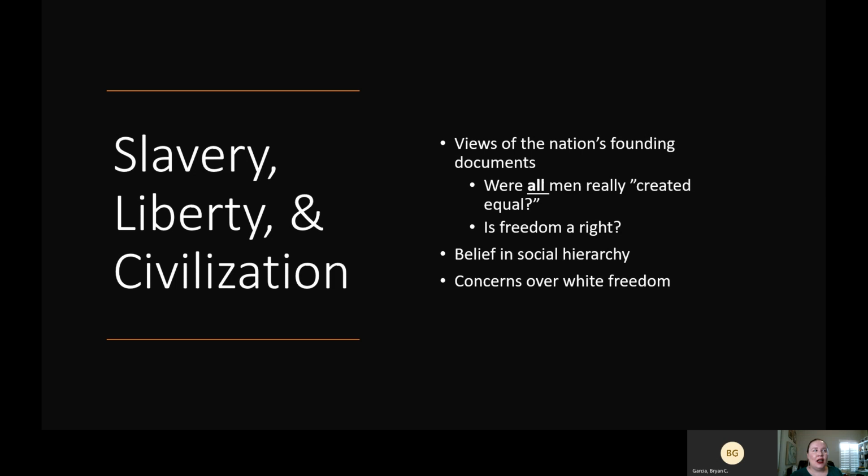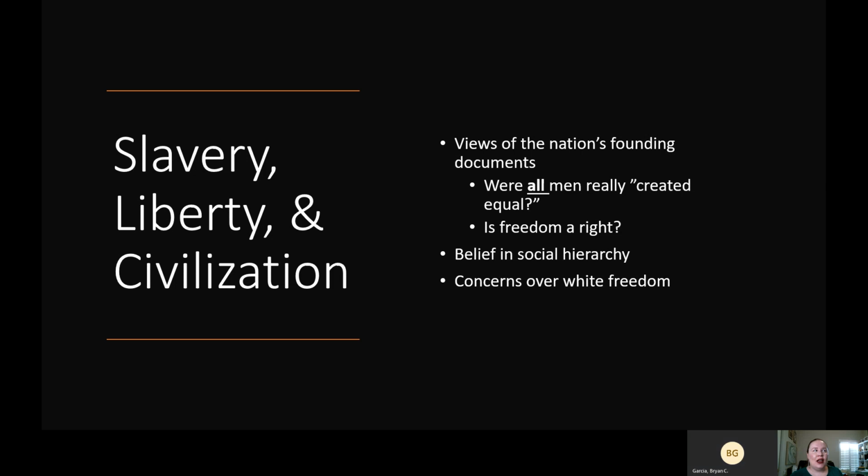Many Southern states were really hesitant to change voting laws to allow people with less land or paying less in taxes to vote, because they still viewed voting as a privilege that you got if you belong to a certain social class, rather than a right that you should have as a free citizen of the United States. So for them, freedom is a sign of status. If you were white, you were free, that was a badge of status. Freedom wasn't exactly a right.